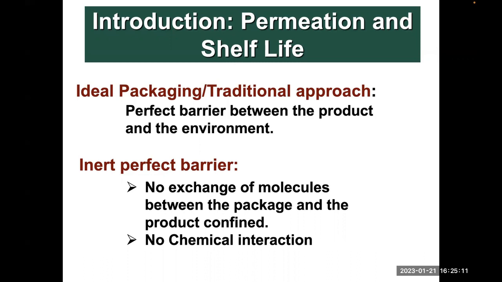So to have that, we need inert material. Inert is chemically non-reactive. There is no chemical interaction happening. That kind of concept is more valid and more relevant, particularly when we are talking about processed food, right?